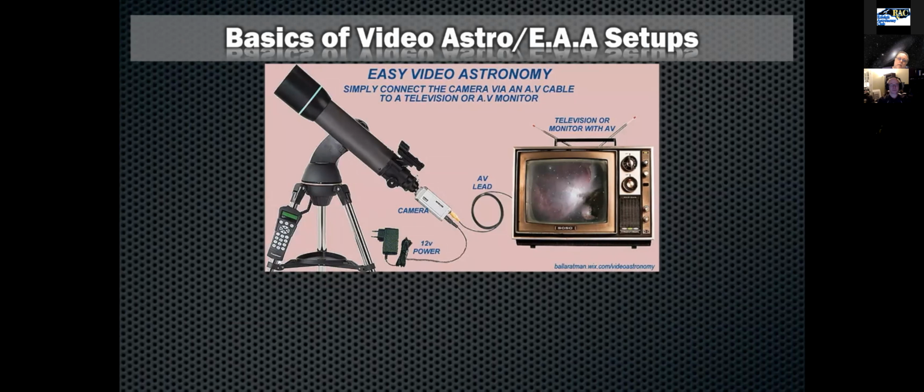You definitely have to power your camera some way, as well as get the feed to some sort of monitor. So this is a scenario where you're not using it to actually capture anything. It's just camera to a monitor.